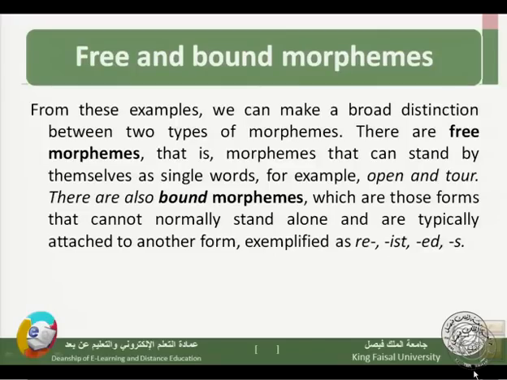Free and bound morphemes. Through the examples we have studied in the previous slides, we can see that there are different types of morphemes. To make the distinction between two types of morphemes, there are free morphemes, and the free morphemes are the morphemes that can stand by themselves as single words.